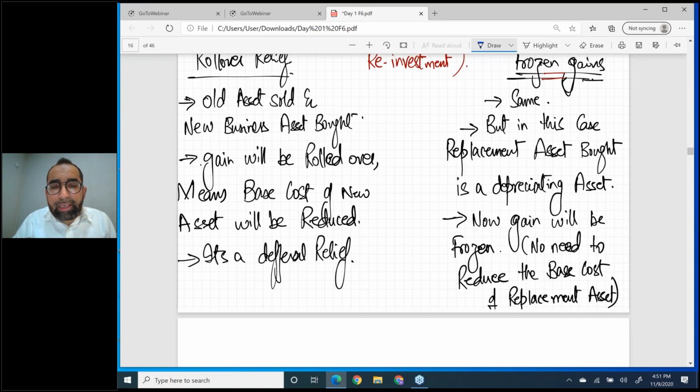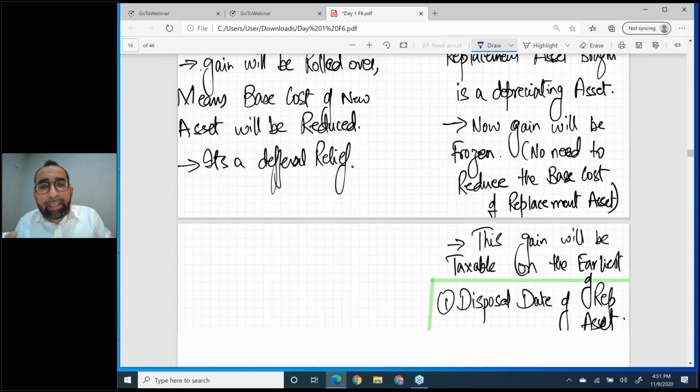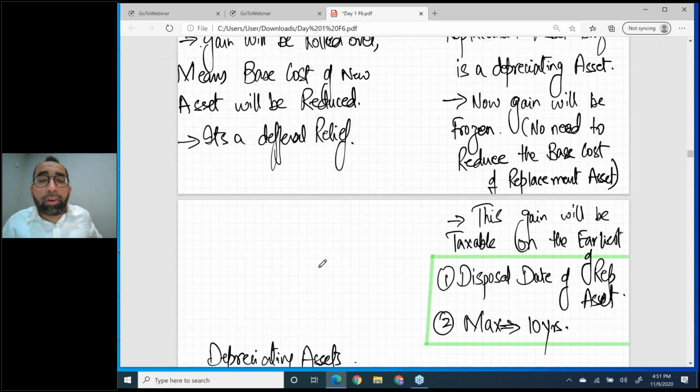Now, one last thing, sir. If we freeze the gain, when will this gain be taxable in future? Because both these reliefs are deferral reliefs. There are two dates.